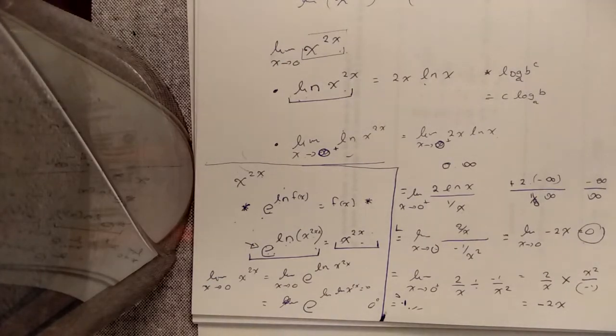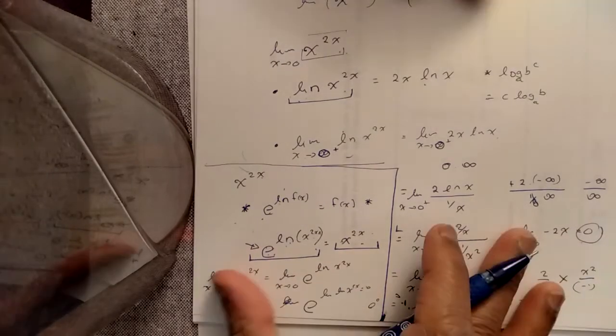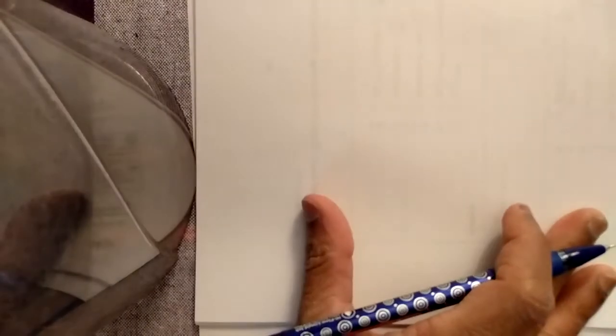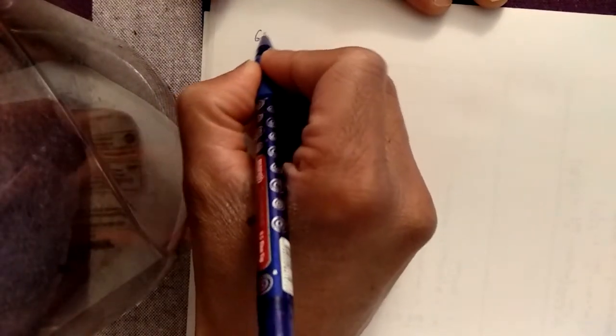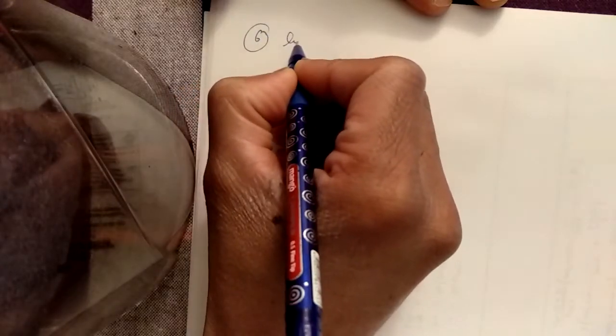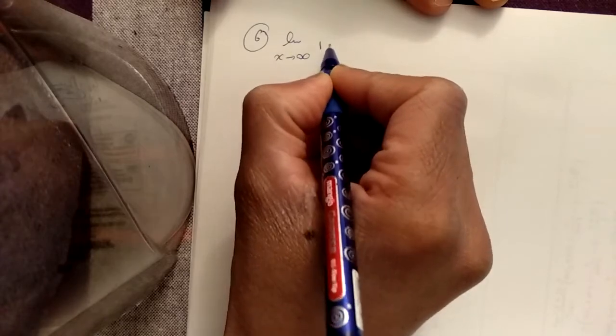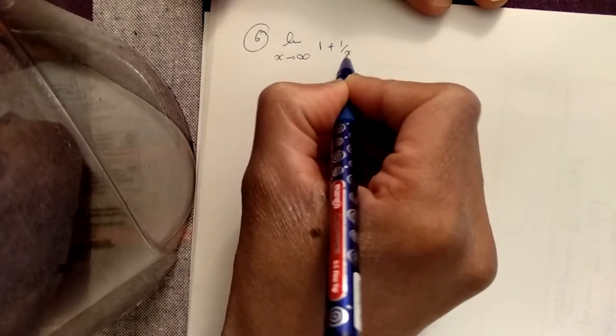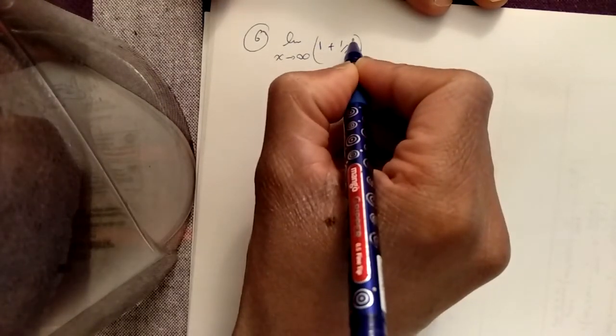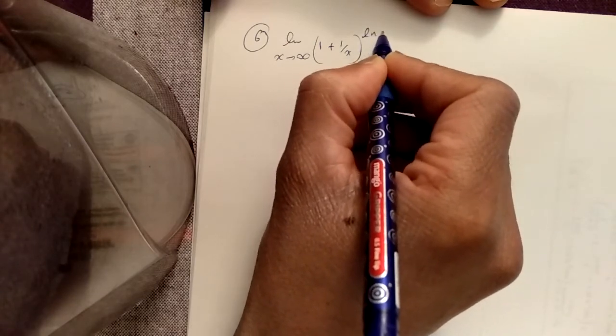Okay, then we'll move to the final problem. It will also have the same shape as the 5th question. So the last problem is the limit as x goes to infinity of (1 plus 1 over x) to the power ln x.